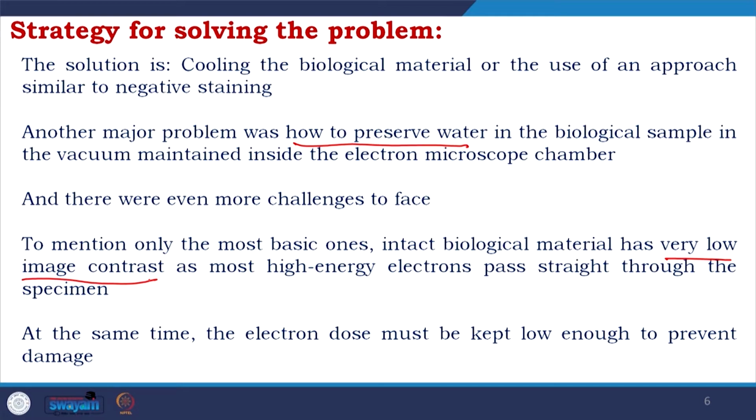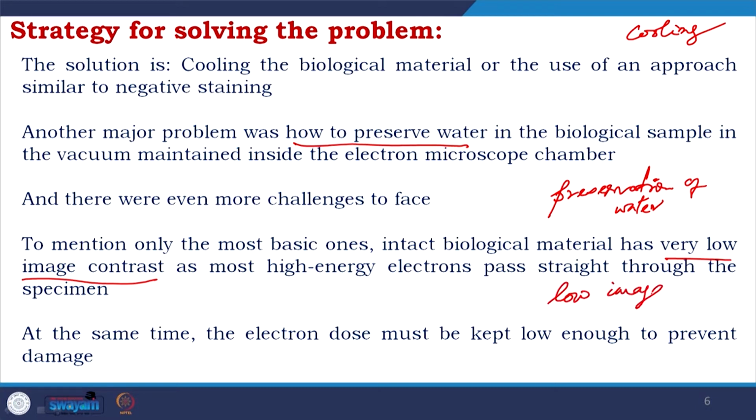So, one, preservation of water is a challenge. A solution was cooling. And then the biological sample has low image contrast, and electron dose is important because a higher dose damages.